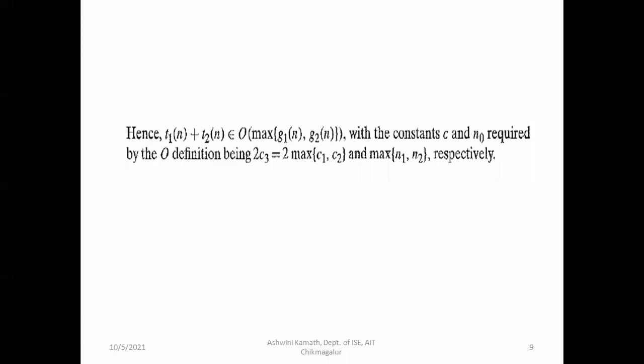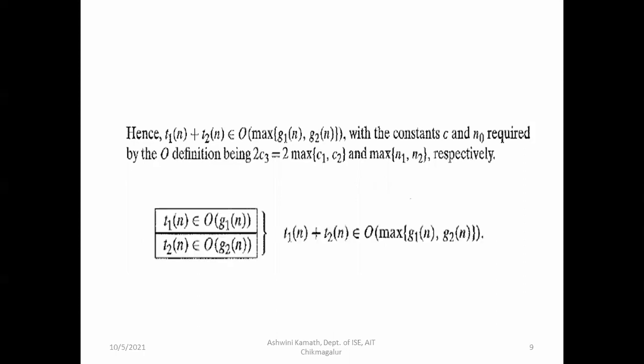Okay, so hence T1 of n plus T2 of n belongs to big O of the maximum of g1 of n comma g2 of n, with the constant C and n naught required by the big O definition being 2 C3, which is equal to 2 into the maximum of C1 comma C2, and the maximum of n1 comma n2. This is for the initial seed respectively.